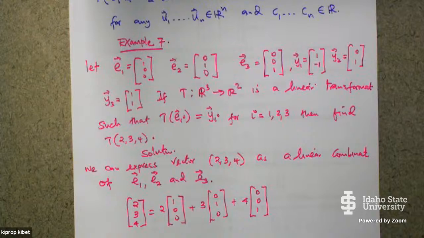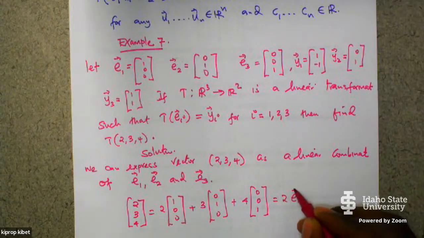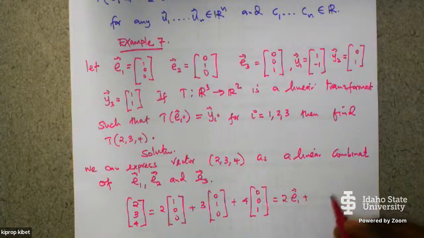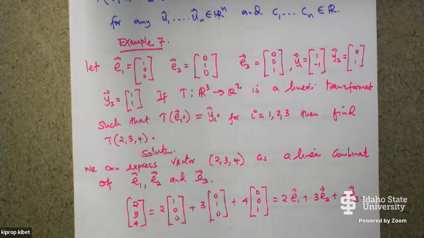This is similar to 2E1 plus 3E2 plus 4E3. So that is now expressed as a linear combination.